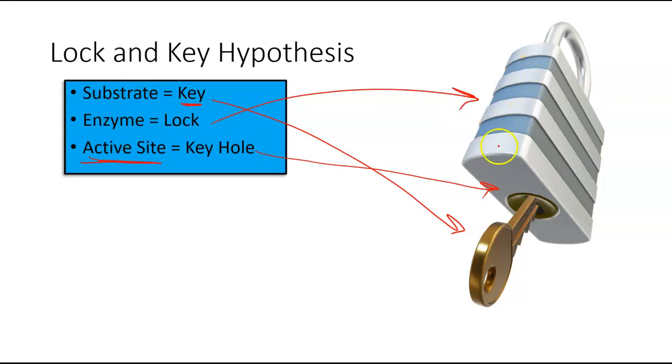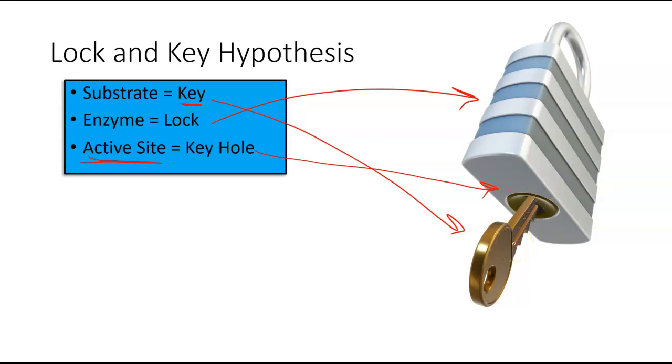And so the lock has a particular site that will accept a particular key, and the particular key is the only key shape that fits not only in the active site but will actively move the lock or release the lock. Are there padlocks made by the same manufacturer in the same line that have a similar shaped key?